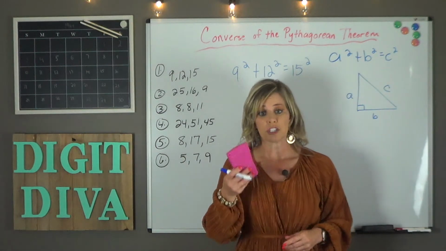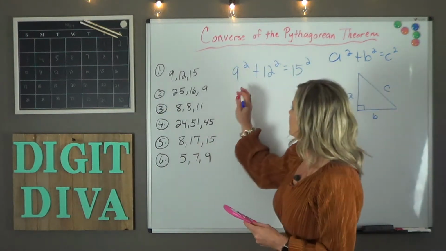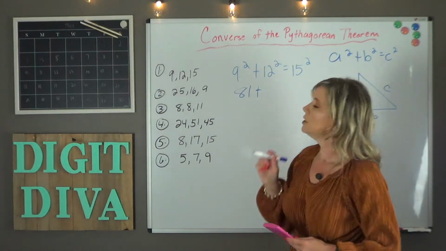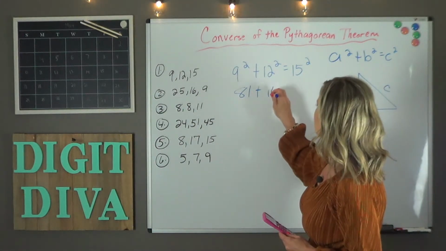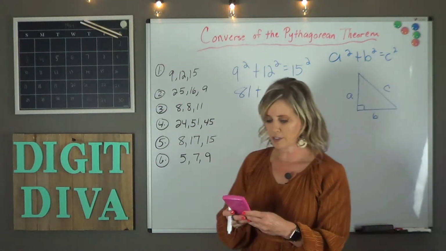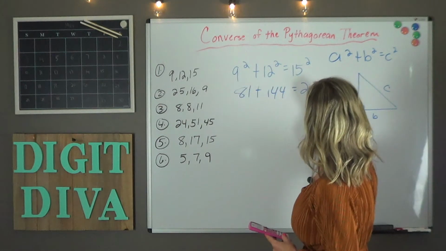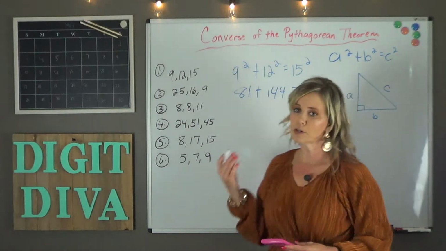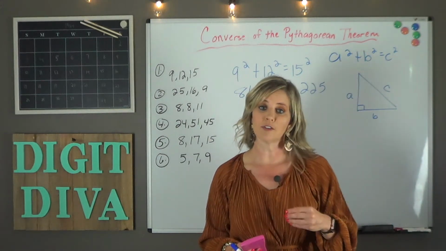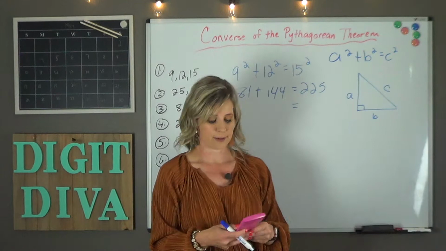So let's check it. 9 squared is simply 81. 12 squared is 144. And 15 squared, sometimes we don't always have these memorized, is 225. Our job is to see if the left-hand side of the equation equals the right-hand side.